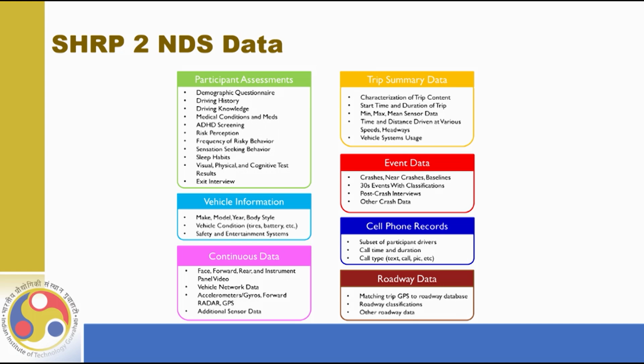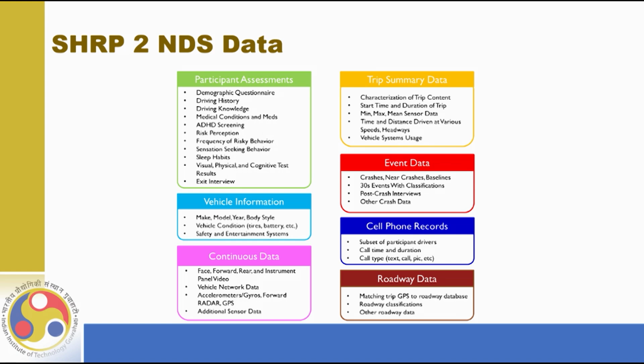Along with that, they also collected data related to their health conditions and sleep habits. Then vehicle-related information is collected separately, such as vehicle make, model, and what kind of safety systems they have. All those aspects are collected in a different dataset.